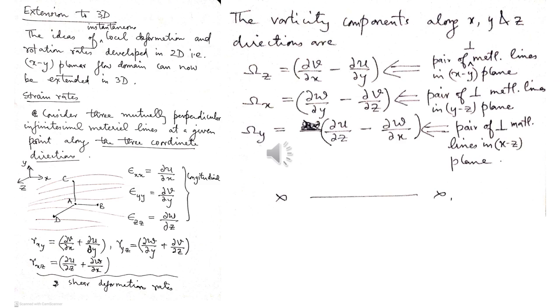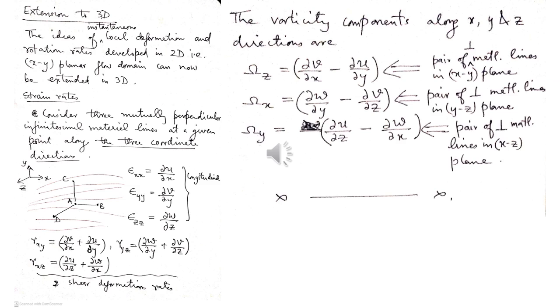Comparing with gamma xy, the expression for gamma yz should be del w del y plus del v del z. The velocity derivatives are crossed. Gamma yz means I should be using velocity components along y and z, so v and w, and they should be involved in cross differentiation: v with respect to z and w with respect to y.